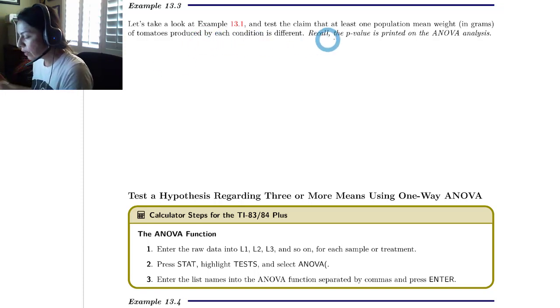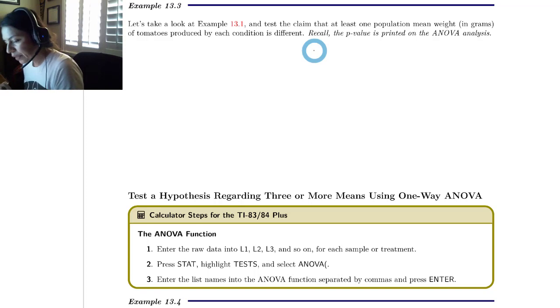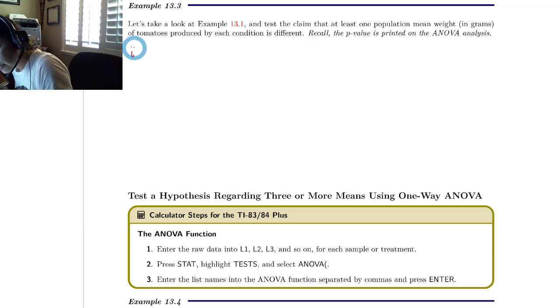So before we even go to the analysis that's printed, let's go ahead and just go through the 4 steps, okay? So the first step would always be to set up the hypothesis. So the null hypothesis is that the means are not different.